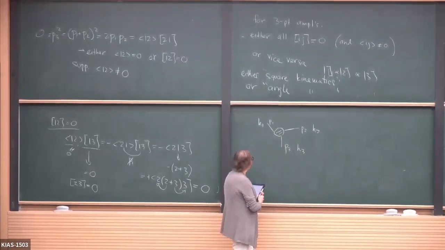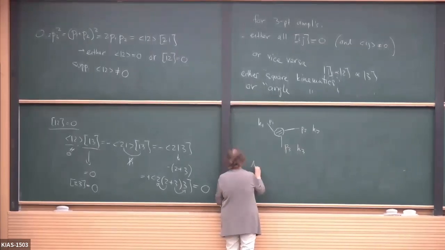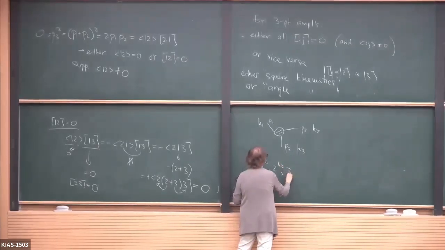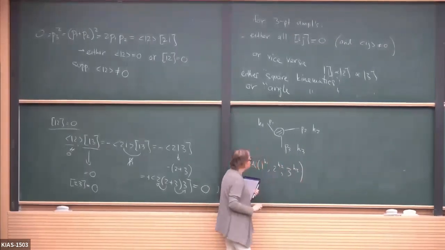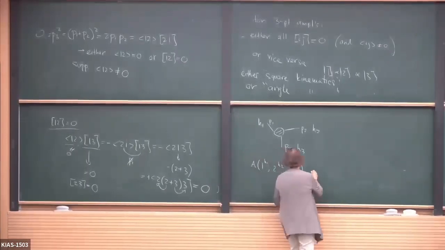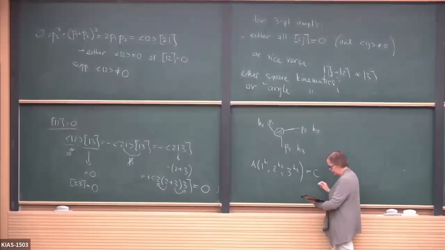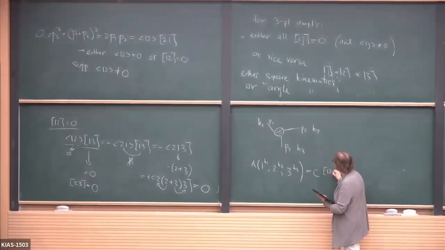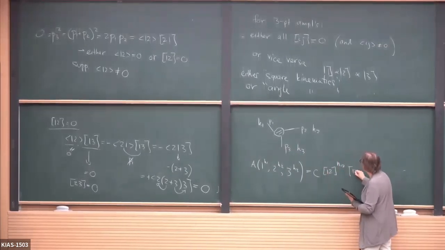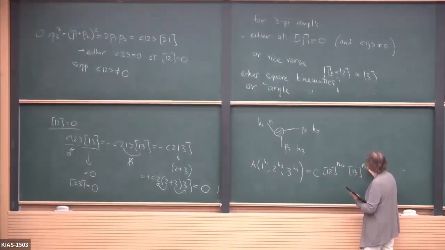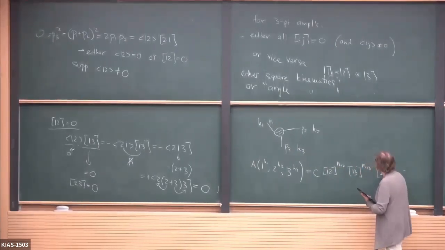So we know that the amplitude, let me use the labels 1^H1, 2^H2, 3^H3, I can write it as some constant C times ⟨1 2⟩ to the power n12, ⟨1 3⟩ to the power n13, ⟨2 3⟩ to the power n23.